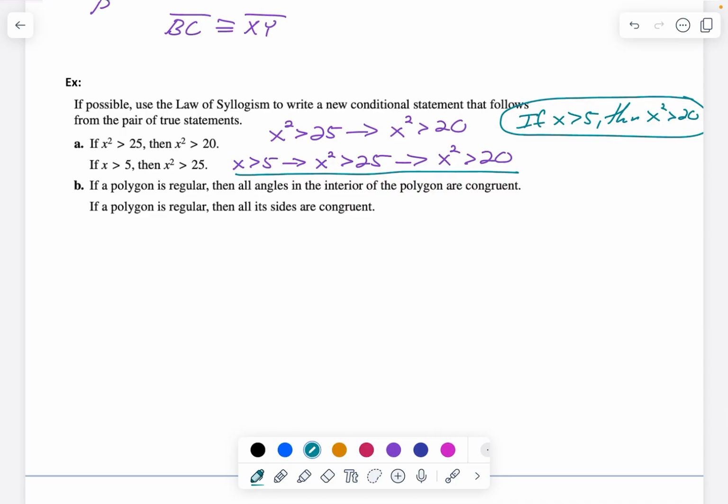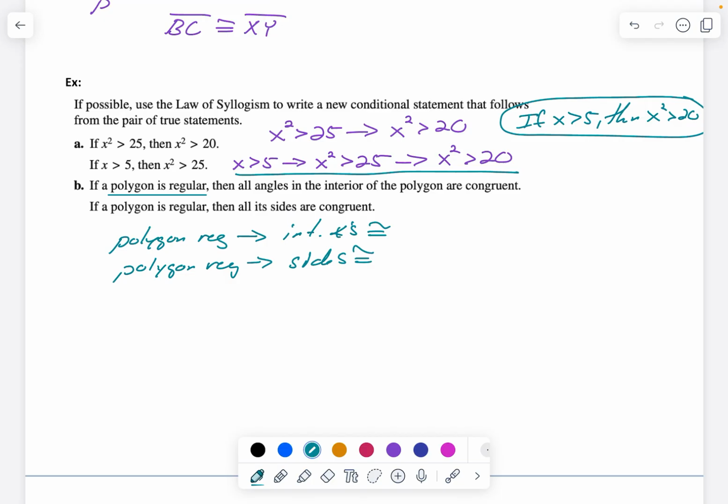Okay, this one says polygon is regular. Polygon regular, then we'll say interior angles congruent. The other one says polygon regular, sides congruent.